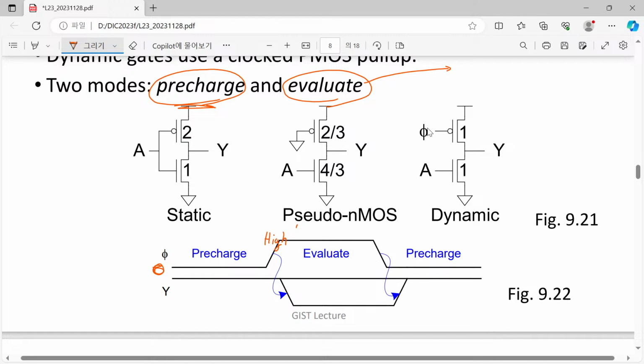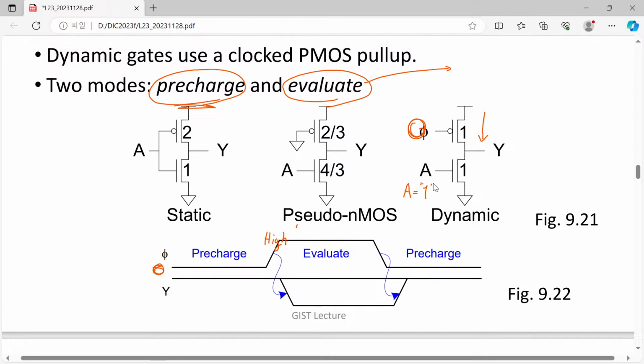Now its gate voltage is 0, and the PMOSFET is trying to charge it. But if we have a signal equal to logical value 1, then what will happen?